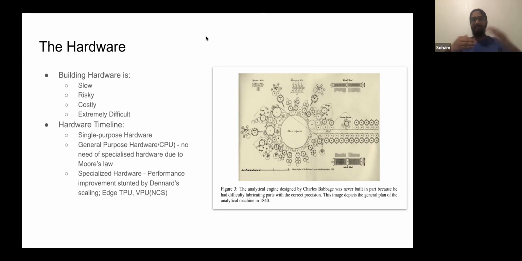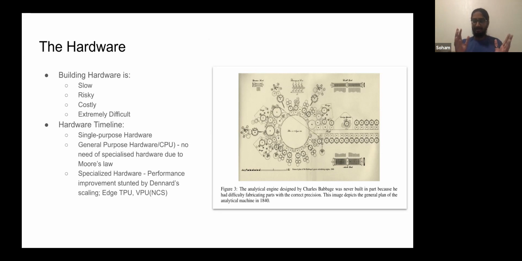So with that, let's take a look at the timeline of how hardware was built. At first, when computers were first built, for instance, Charles Babbage's machine, these were single purpose hardware, right?